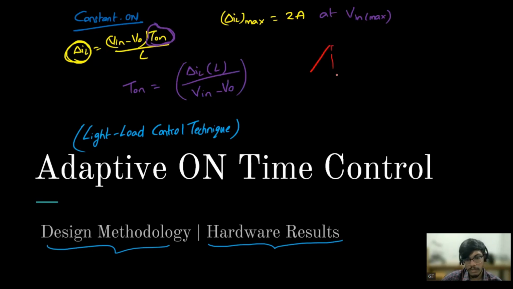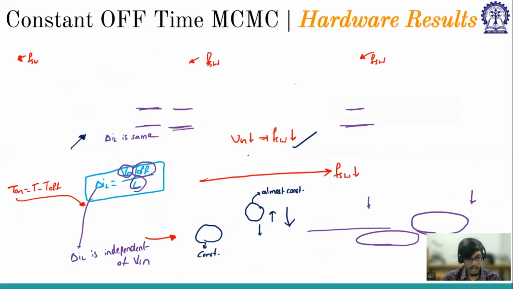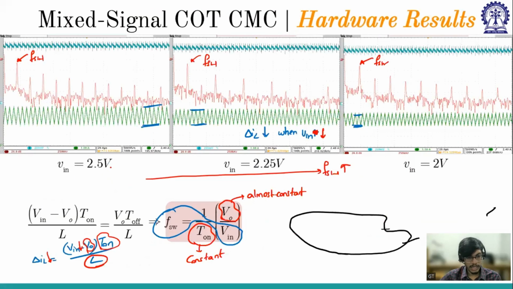As the on time is fixed, if the input voltage is maximum, ripple will be maximum. So for my given on time, even if input voltage is maximum, my delta IL will be at this 2 amperes. But if Vin is lesser, then ripple will change. So that is what we have observed here, right? Say this ripple is say 1.4 amperes. So I have designed the converter in such a way that this is the maximum input voltage at which my ripple is 1.4 amperes.